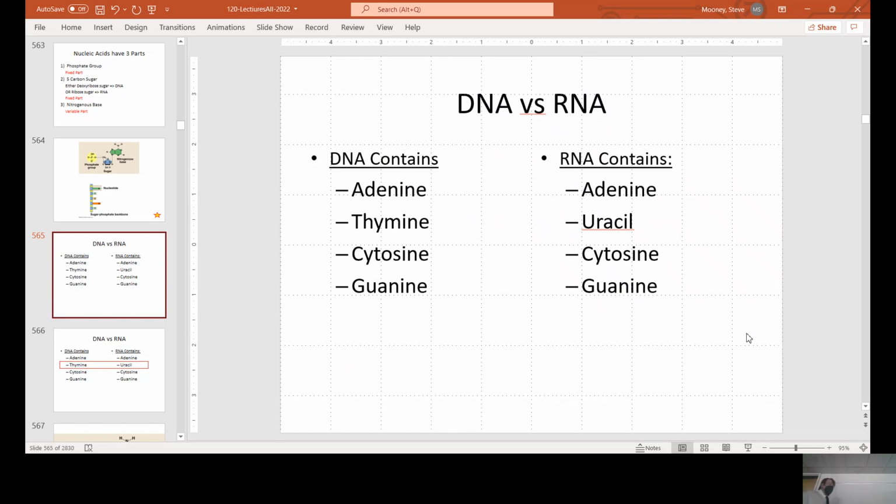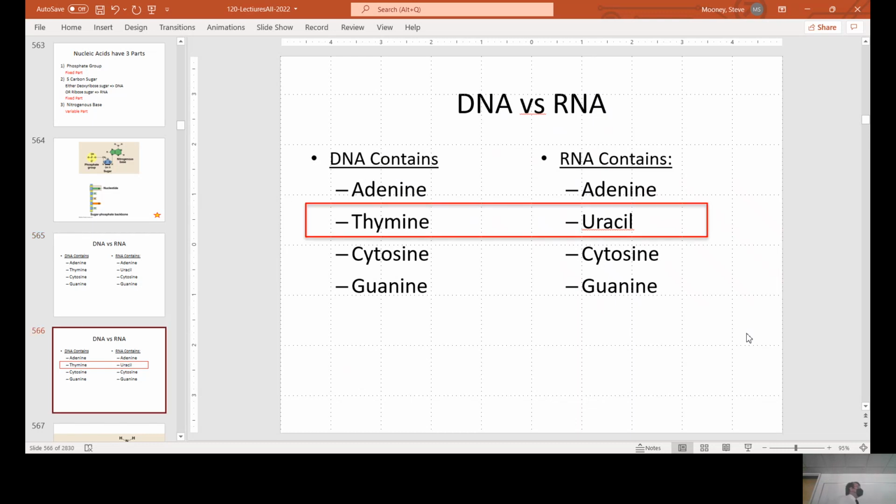With our RNA, we make one slight change. We go from thymine to uracil. The nitrogenous base is the same. We've got a slightly different sugar, but we're not going to worry too much about that in this class.